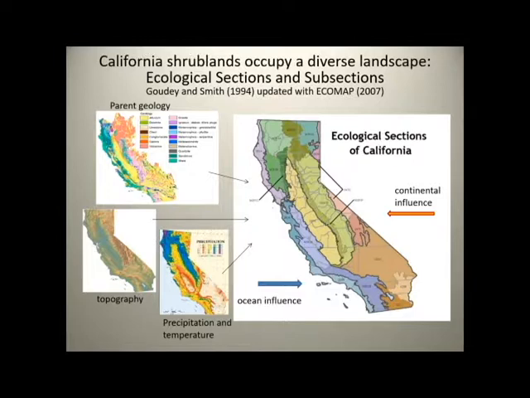And because of this, we need to get a handle on what some of that variation is like and how that can influence their success.